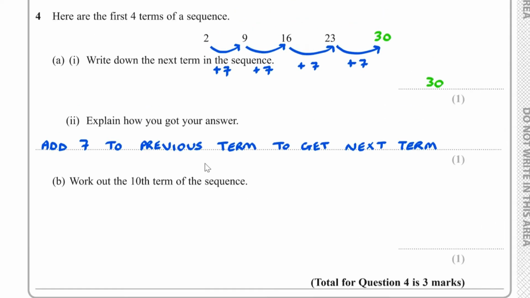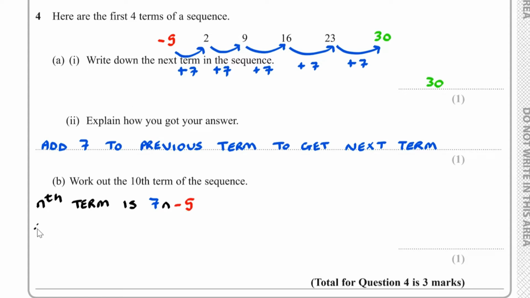And then for part B, we have to work out the 10th term of the sequence. Well, something plus 7 gives 2. And that something then is -5. And so the nth term then will be 7n subtract 5.